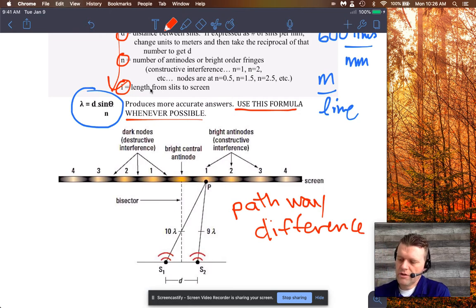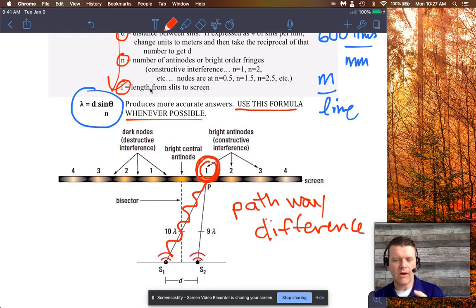This one shows source 1, which is right here, and source 2, which is right there. At the first antinode right here, there are basically 10 wavelengths. On that path, 10 whole wavelengths will fit in that much distance, and then they will arrive at position 1, or at n equals 1.